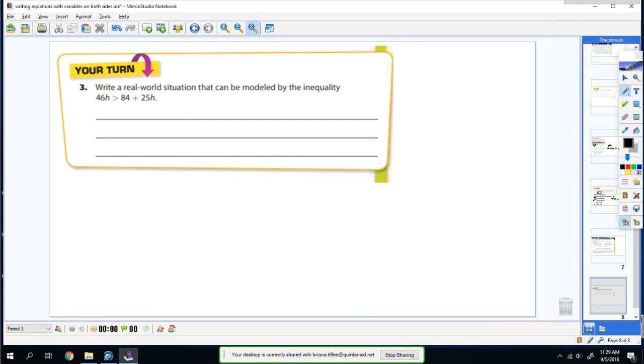All right, write a real-world scenario that can be modeled by the inequality 46H is greater than 84 plus 25H. So you can say you pay painter A $46 an hour. Painter B has an initial fee of $84 plus $25 per hour.